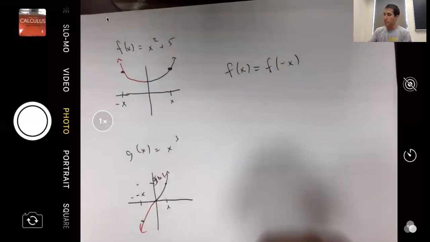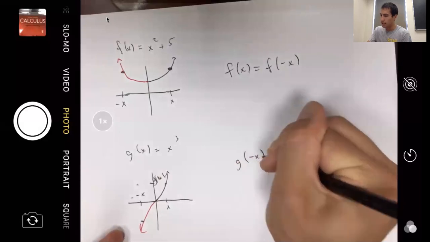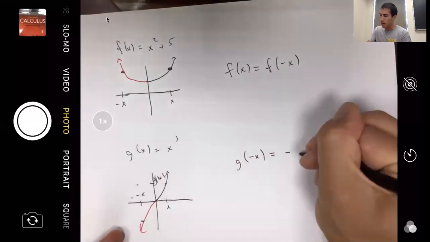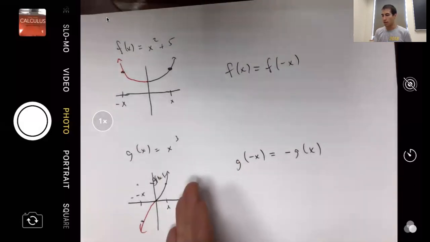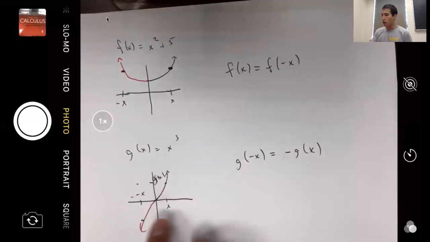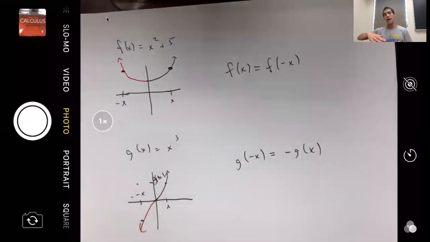So g of negative x is going to be the opposite of g of x. When I flip across the x-axis, it's changing the sign. Y goes from positive to negative, or vice versa.